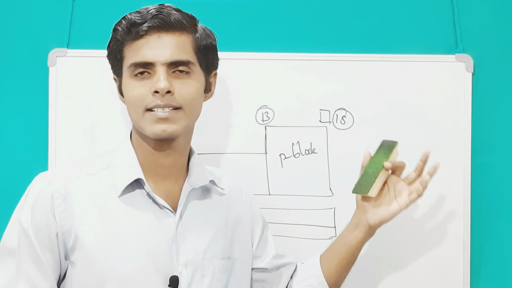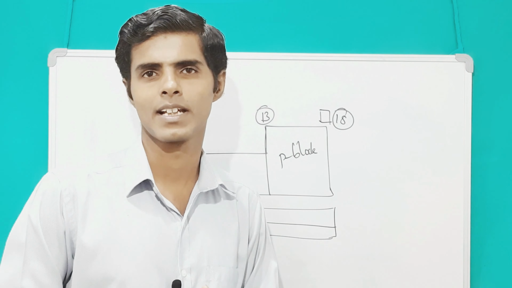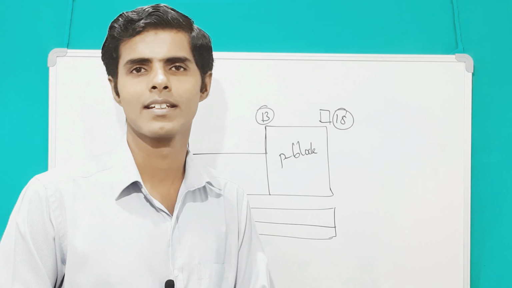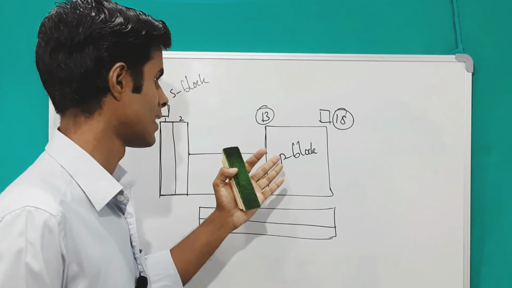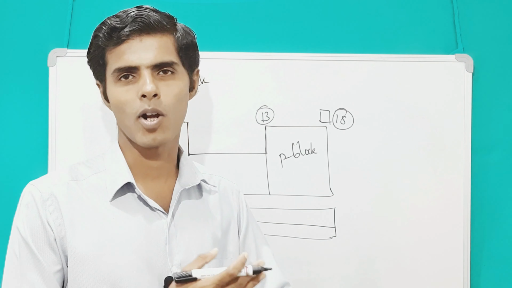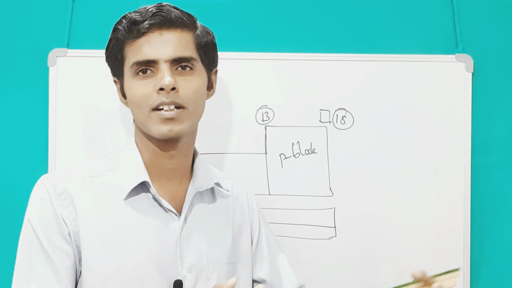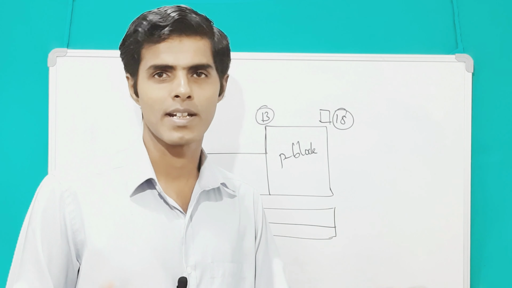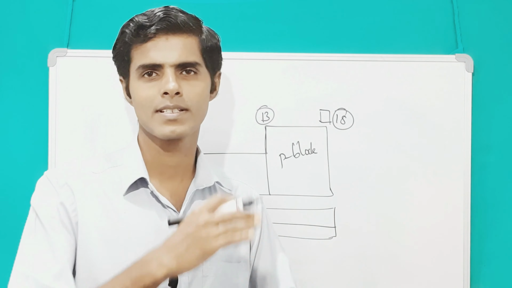That is a specialty with them. We have many other specialties that we'll be discussing in the coming classes, such as whether the elements of each group are similar in their physical or chemical properties.